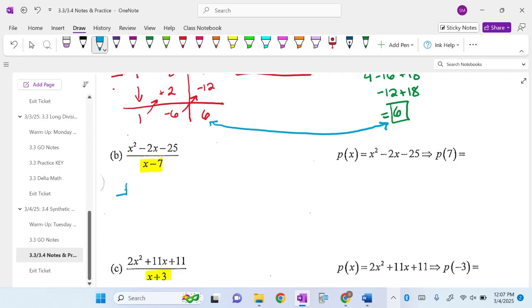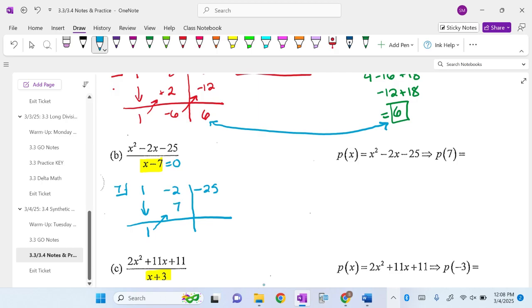So, next problem. What root is going right here? So if I set this x minus 7 equal to 0, what would x equal? 7. And I have 1, negative 2, negative 25. All right, drop the 1 down. What do I get for my next number? So what do I get for this number? 7.